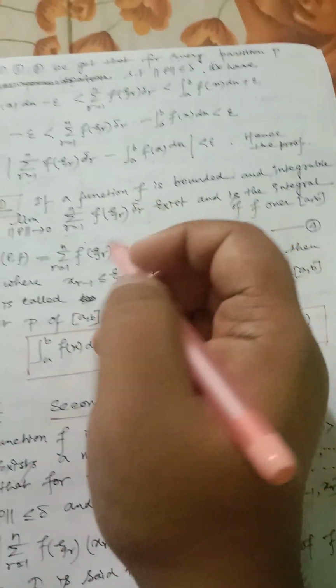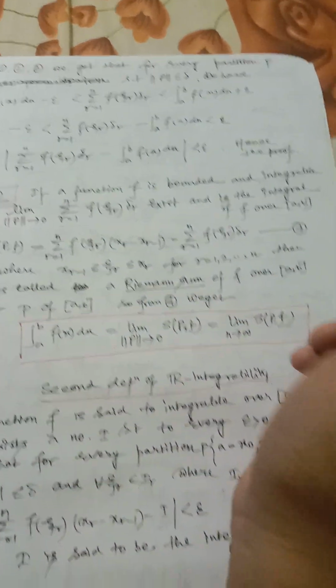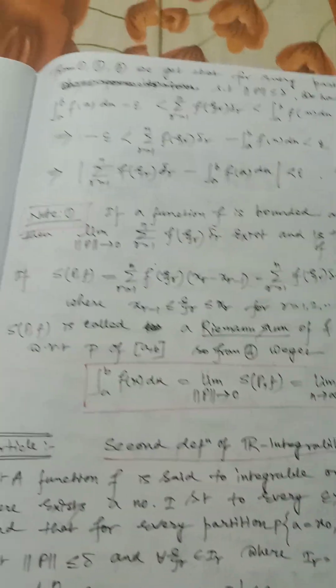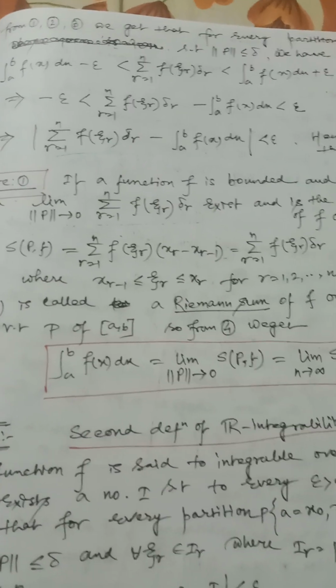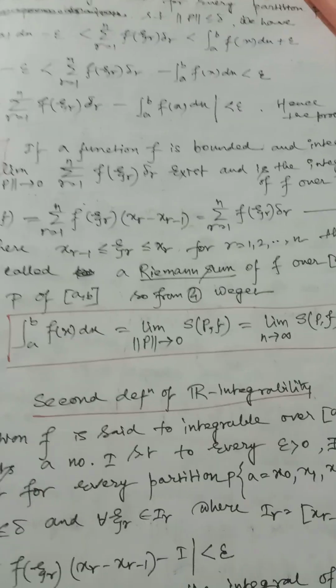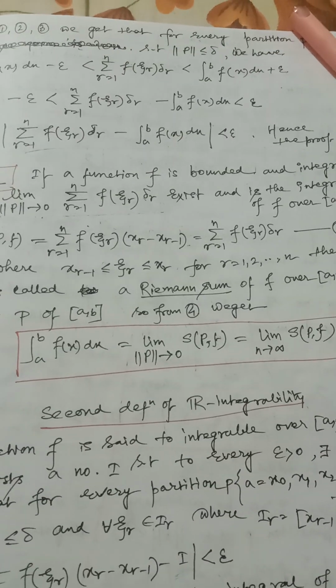Now here you can see I have given a note which is very important. What is that? Already the function f is bounded and integrable. It is already known to us. So whenever you are considering maximum number of points, theoretically you can choose infinitely many points. So as n tends to infinity, the length of each subinterval becomes very small.